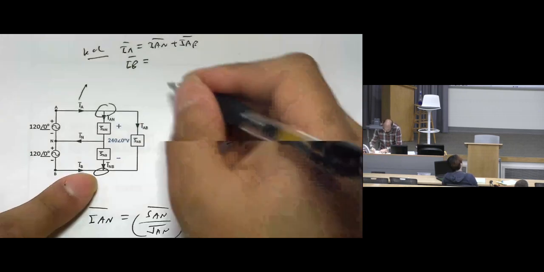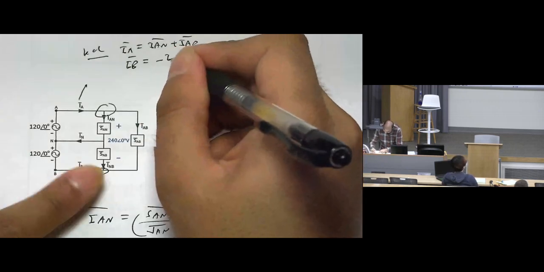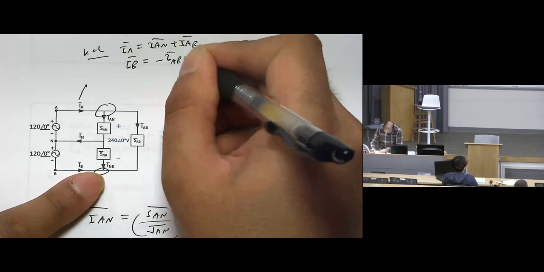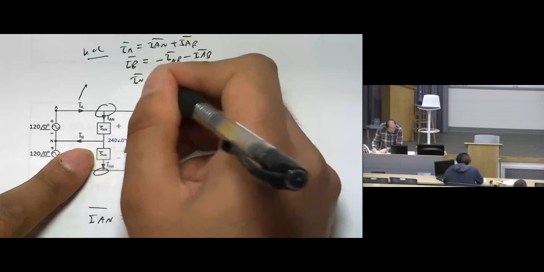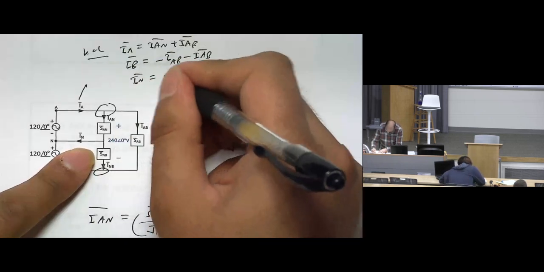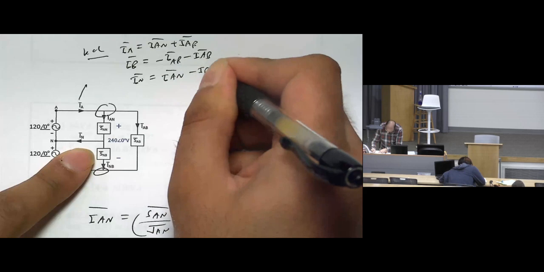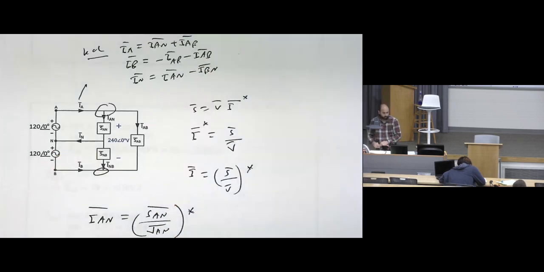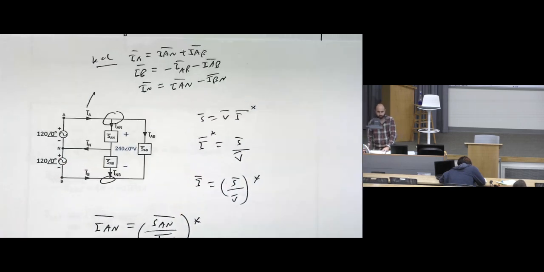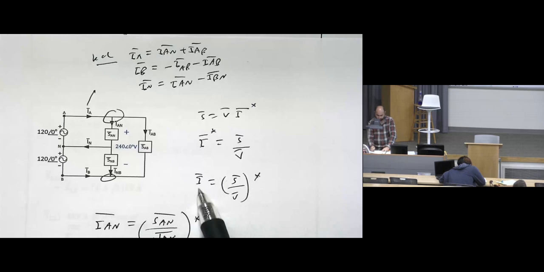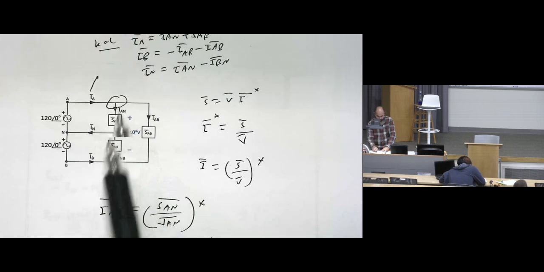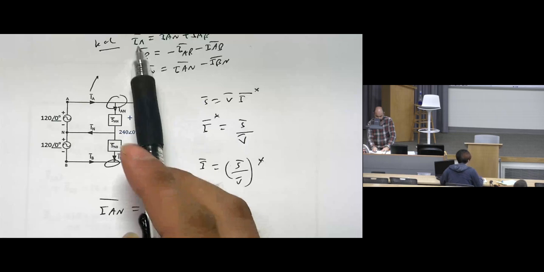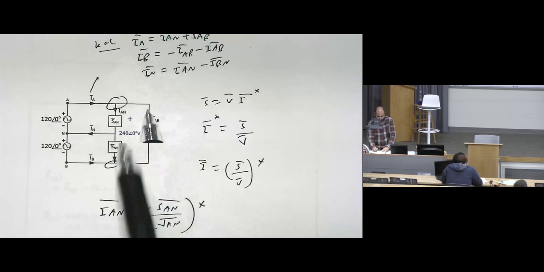IB will be negative IBN minus IAB. Just applying KCL. And I neutral will be IAN minus IBN. So it's just a calculation: calculate I as S over V conjugate. This can be applied for AN, BN, and AB. Then here we can find IAN, IBN, and IAB, and find IA, IB, IN by applying KCL.